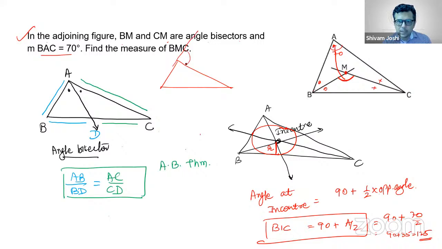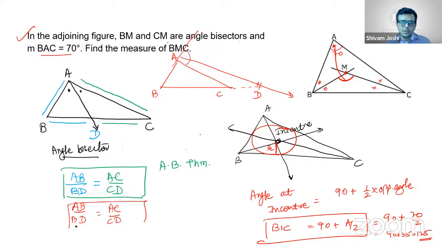You first need an exterior angle. This is the external bisector, and this is ABC. This has to be point D. The ratio remains the same: AB upon BD equal to AC upon CD. No change with the ratio part. This is the external angle bisector.